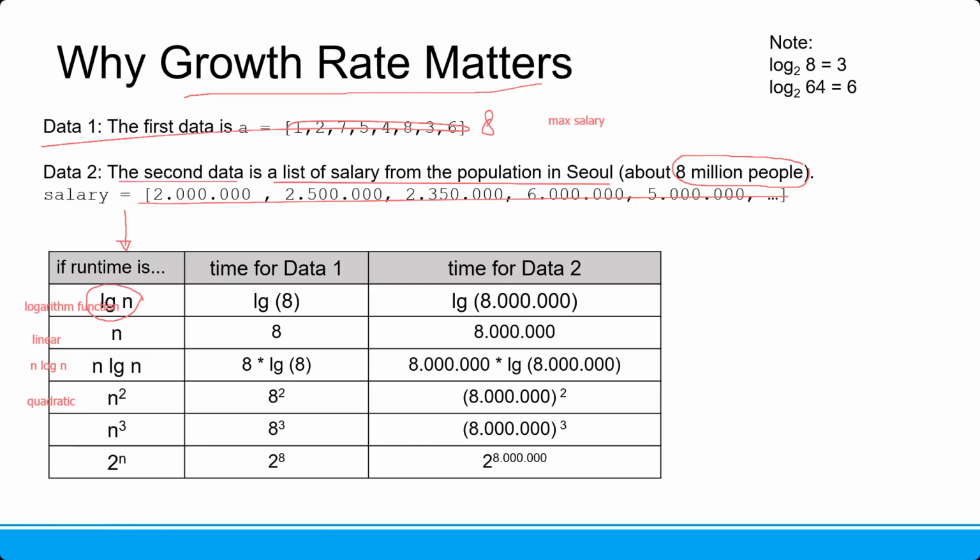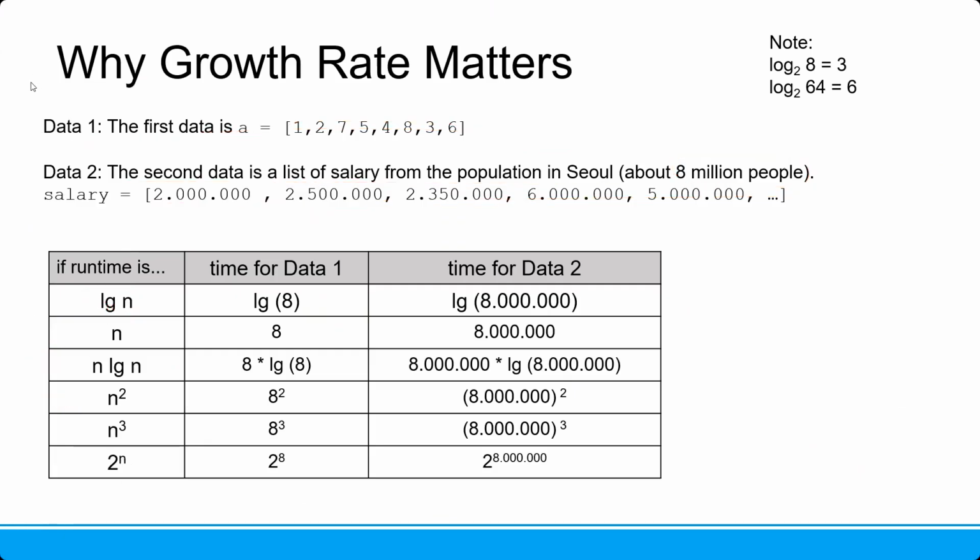Now, if you look at this one, when our data is 8, then n is 8, and we can check approximately log n, log 8. You know log 8? Usually we call it lg, this one.